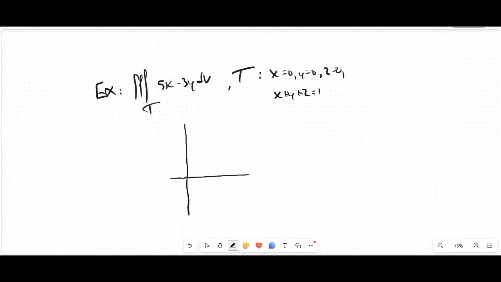Every year that I teach this class, students will say, is there any way that I can do these problems without having to sketch? And the shortest and best answer to that question is no. No, you must sketch.